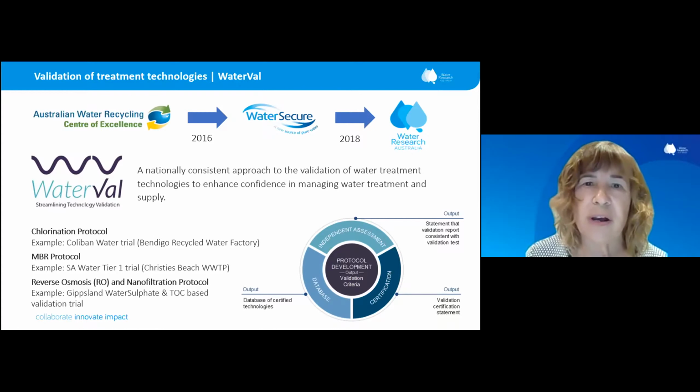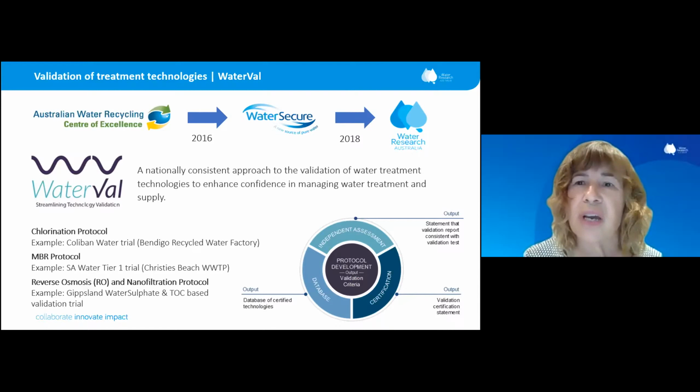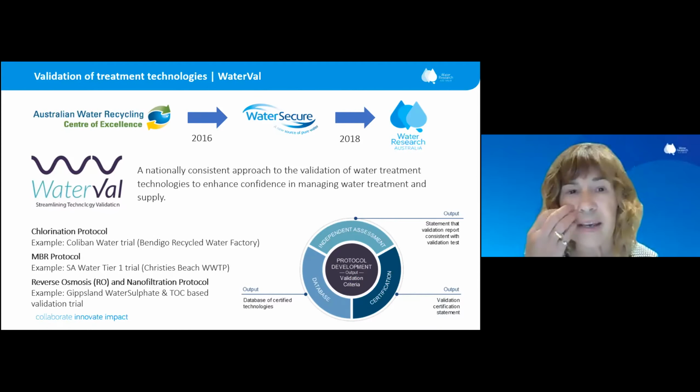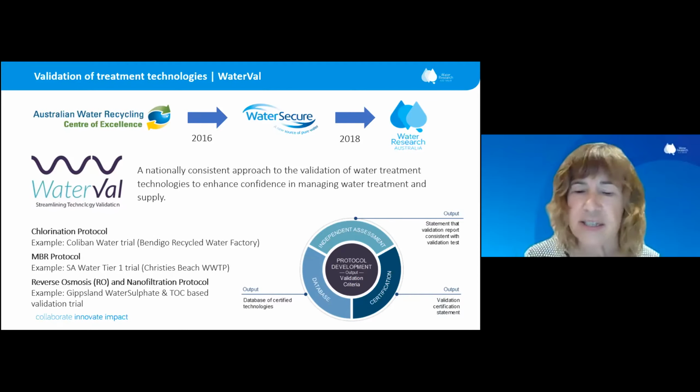So if you are looking at new technologies and you know that down the track you're going to need approval from the health regulators for a new recycled water system, for example, then the WaterVal protocols are one tool that can be used to potentially ensure and accelerate that approval.